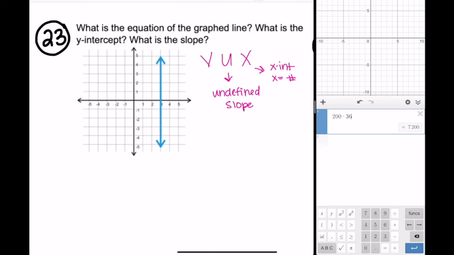So let's start with finding the equation of this line. The equation is going to be x equals whatever the x value is that this line passes through. So the equation is x equals 3. The y-intercept, well, our y-axis is here.